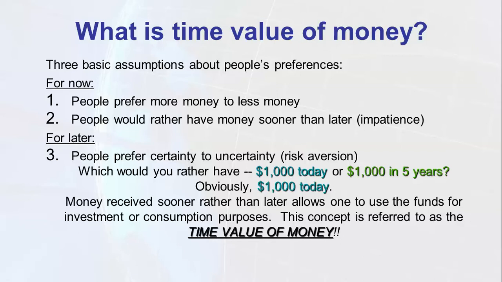We want money sooner than later, and the future is uncertain. Money received sooner rather than later allows someone to use the funds for investment or consumption. If you have $1,000, you can invest it, or you can buy something.